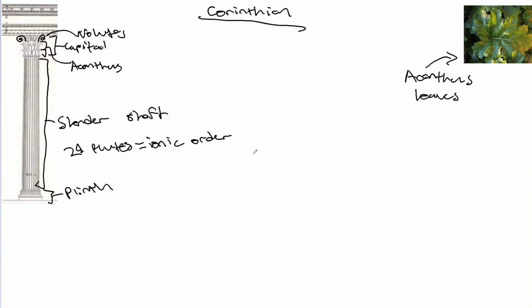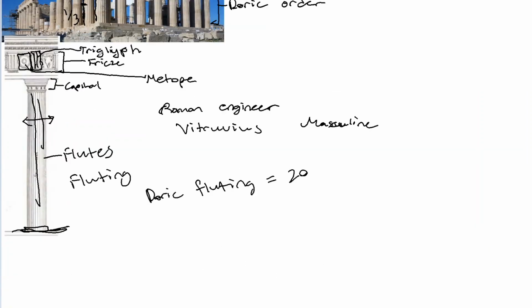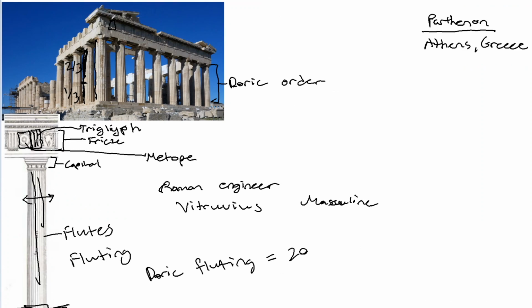Now, there's one more thing I need to mention, and that's moldings. What is a molding? You may have noticed that in a lot of these entablatures, there are a lot of decorative protrusions coming out.